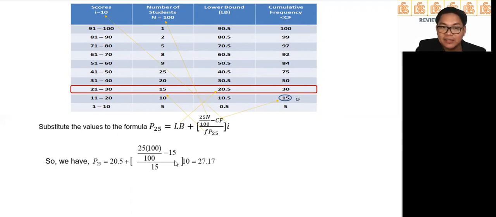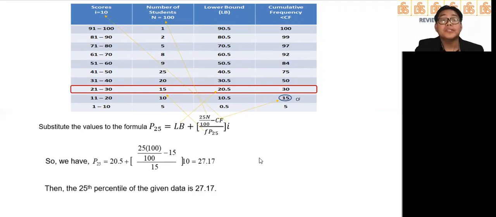Okay, so let's do it again. First, 25 times 100 divided by 100 is 25. 25 minus 15 is 10. 10 times 10 is 100, divided by 15, plus 20.5, and you will get 27.17.